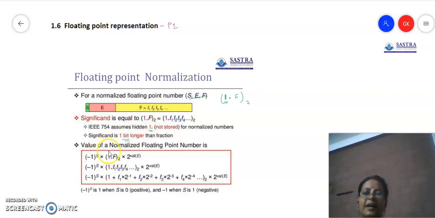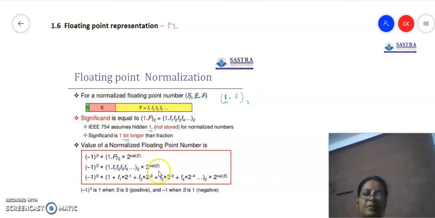So if you take any value of the normalized floating point number, it is nothing but minus 1 raised to the power s, where s is the sign bit, into the fraction f1, f2, f3, f4. That we will be writing down, along with the hidden 1, because this 1 is not represented here. We already know the number is normalized, so to the left of the point there will be one non-zero digit, which is nothing but 1, and that will be multiplied with 2 to the power of the exponent.